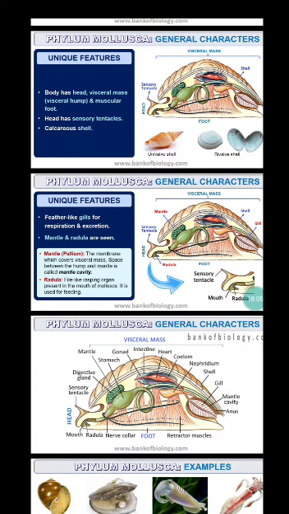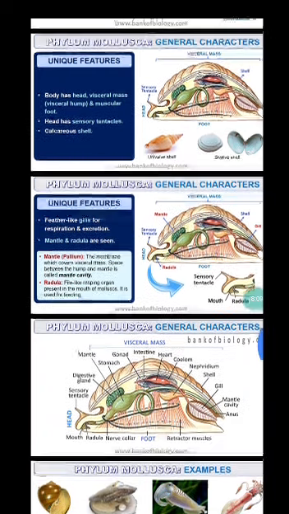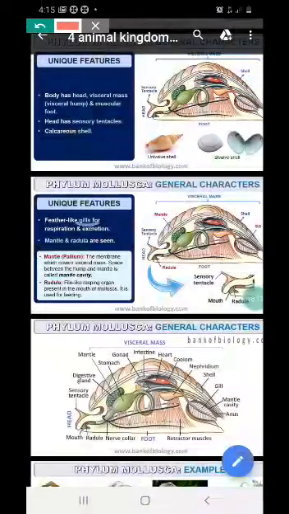Respiration is by gill-like structures. And between the shell and the visceral hump, where the visceral mass is located, you find a cavity called the mantle cavity.